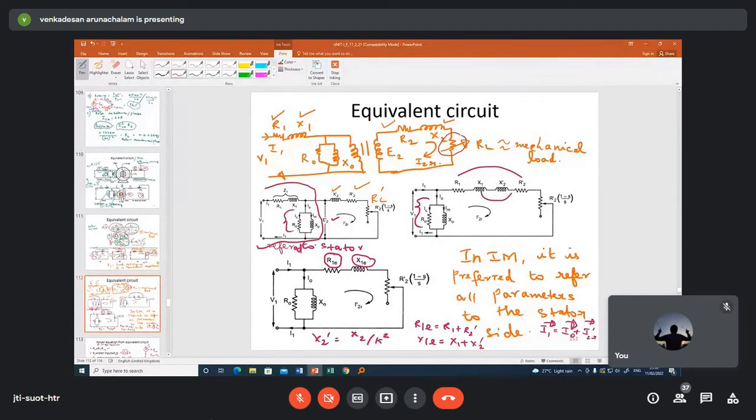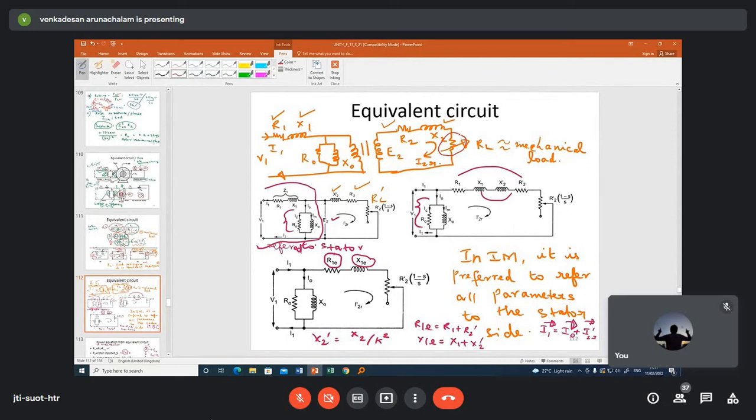Similar to the transformer, you can either transfer all the secondary side parameters to the primary or all the primary side parameters to the secondary. In the case of the induction motor, you can transfer all the rotor parameters to the stator, or you can transfer all the stator parameters to the rotor. But in the case of the induction motor, it is preferred to transfer all the rotor parameters to the stator because the rotor is rotating and the stator is stationary.